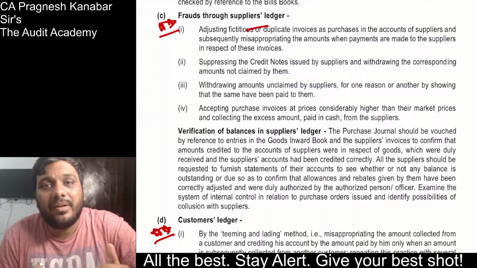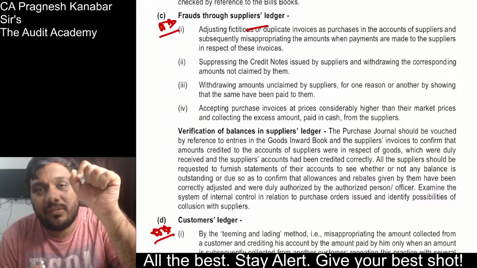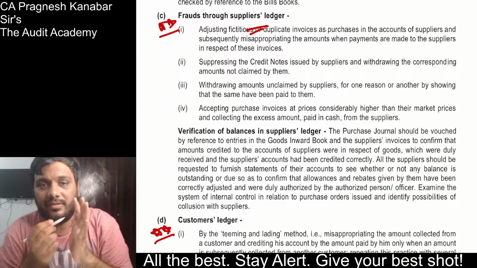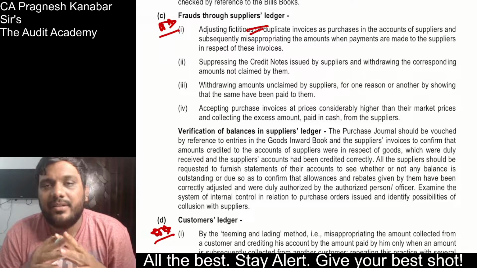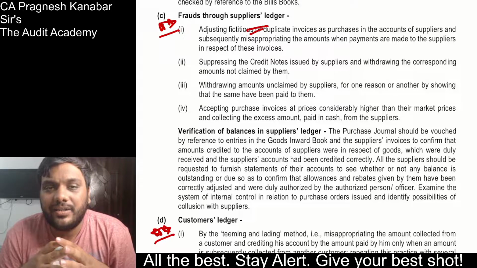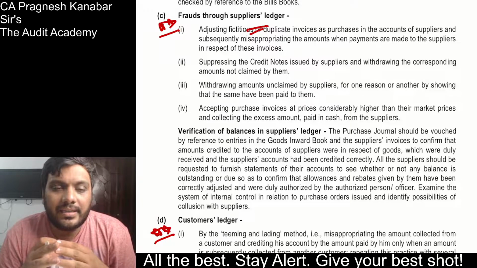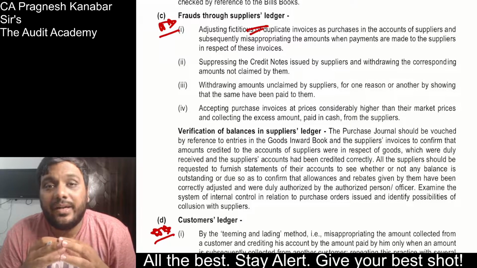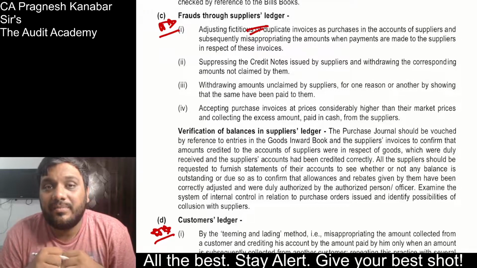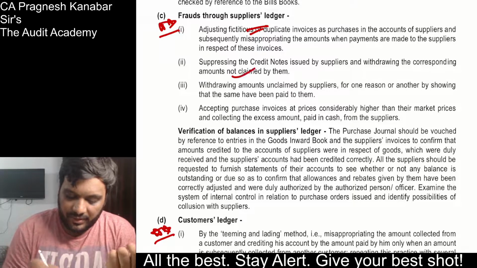Then fraud through the supplier's ledger, how fraud can be committed through that ledger. Some fake purchases are shown, or let us say some goods were returned to the supplier and the supplier issued credit notes, but we suppress that particular credit note or something like that.